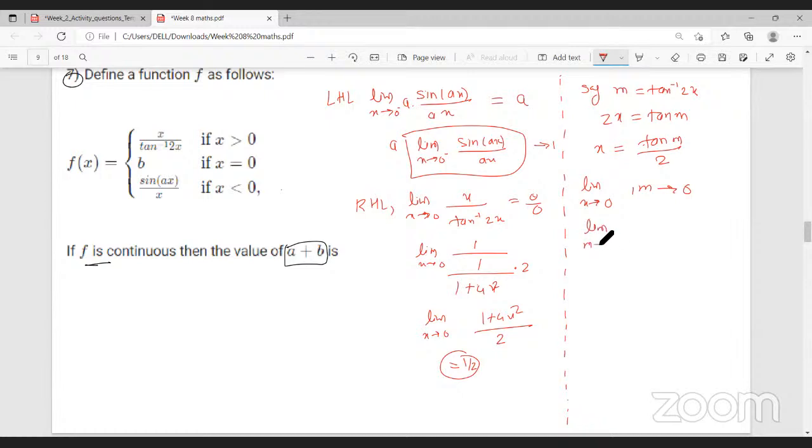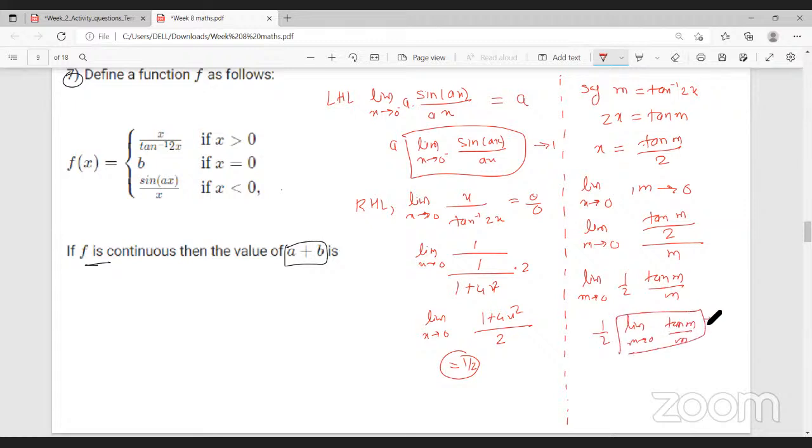So when m tends to 0, x is tan m by 2, and tan inverse of 2x is m. So I can write it as 1 by 2 limit m tends to 0 of tan m by m, and this is 1, right?